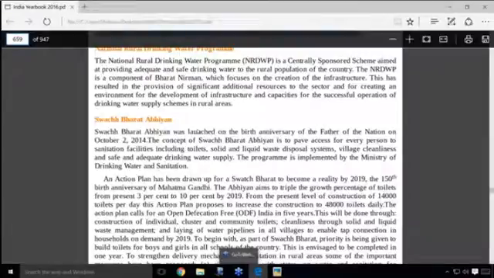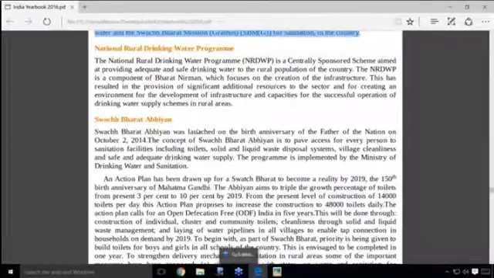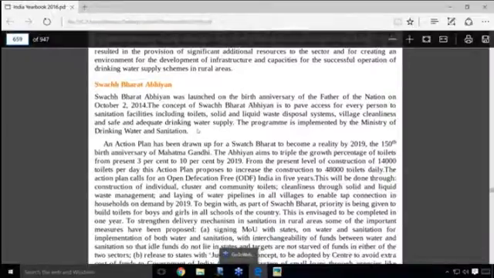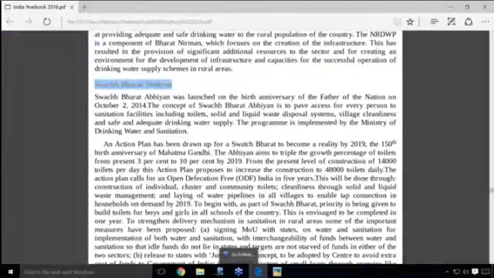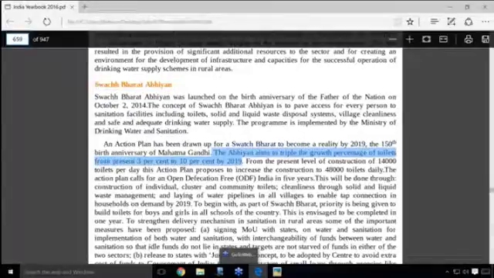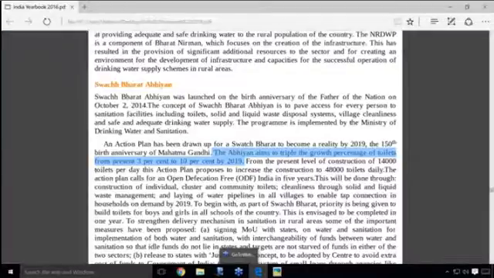Then see page number 732. See page number 732, you have Swachh Bharat Abhiyan. So all of you know about Swachh Bharat Abhiyan. So you see second paragraph I told you. The Abhiyan aims to triple the growth percentage of toilets from present 3% to 10% by 2019.